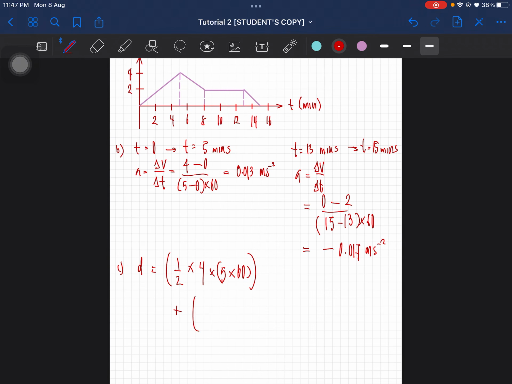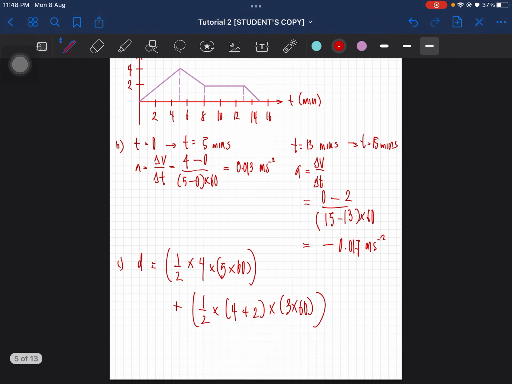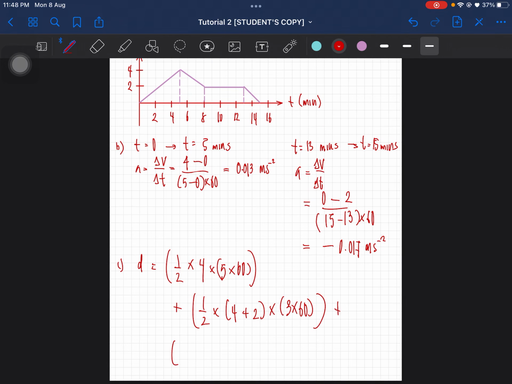and then plus the second part, which is a trapezium. So half times 4 plus 2, which is the height, times the time, which is 8 minus 5, 3 times 60. Okay, and then plus the third part, which is just a rectangle, so that is just 2 times 13 minus 8.